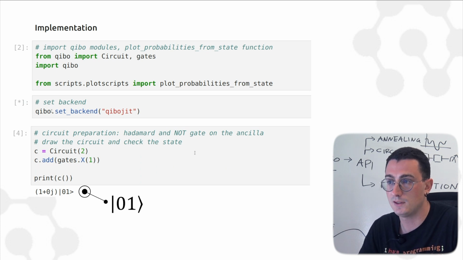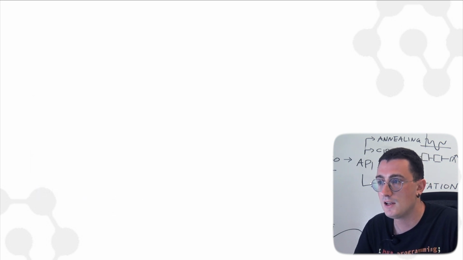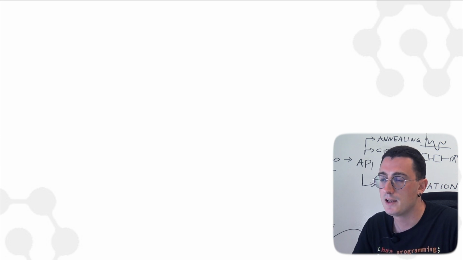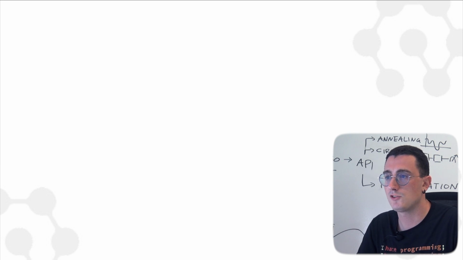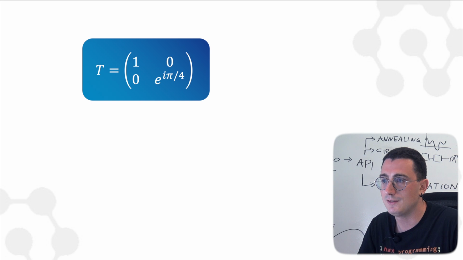And it is important at that stage that the state of the ancilla is an eigenvector of the gate we want to apply on it. So, let me check which kind of gate we can apply on the ancilla, and if the state 1, that's the state in which the ancilla is now, is actually an eigenvector of the gate. I would suggest you start from the T gate, and now I will show that actually the T gate has 1 as eigenvector.